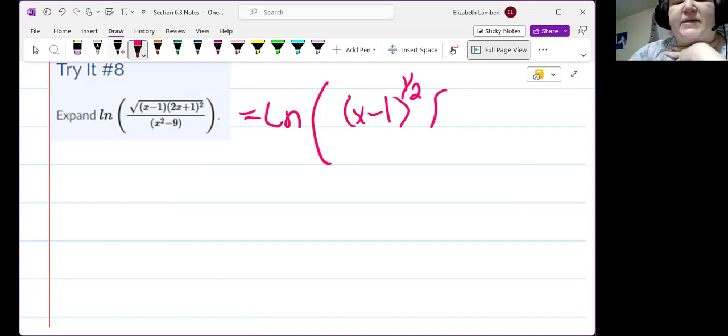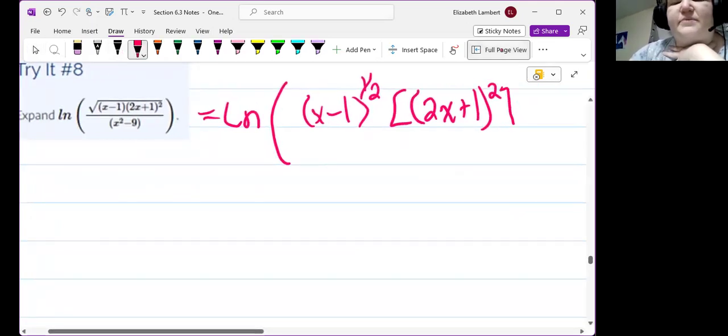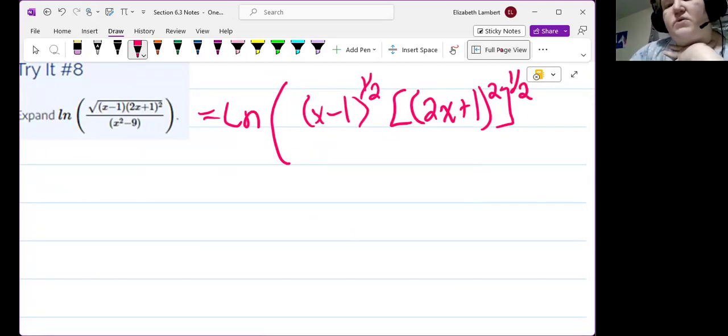So that is 2x plus 1 squared to the 1/2. So squared to the 1/2, 2 times a half is 1. Yes. So this is just going to be 2x plus 1 here in a minute.